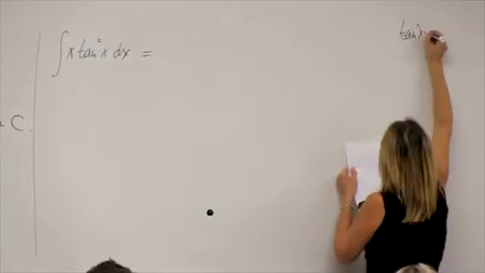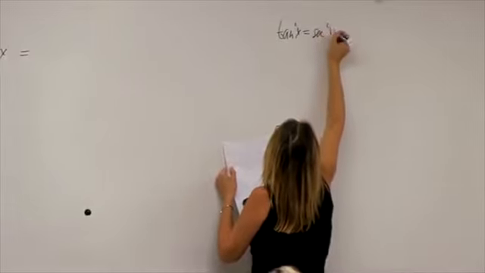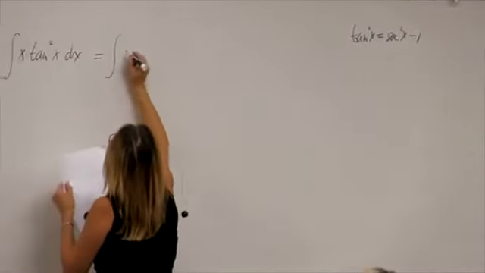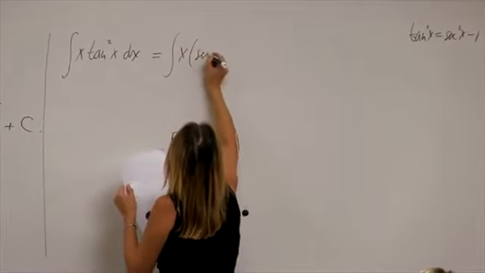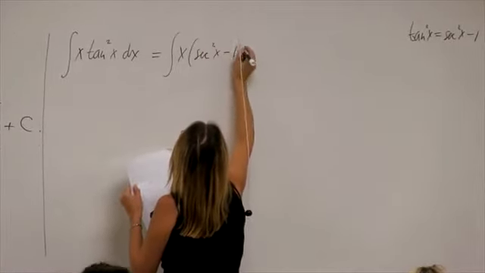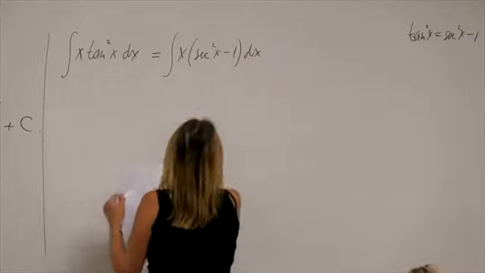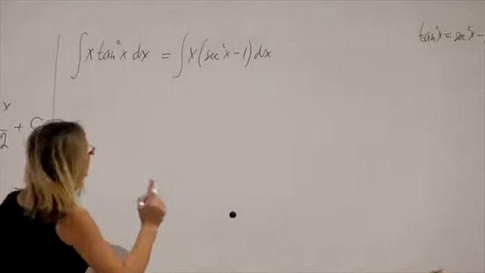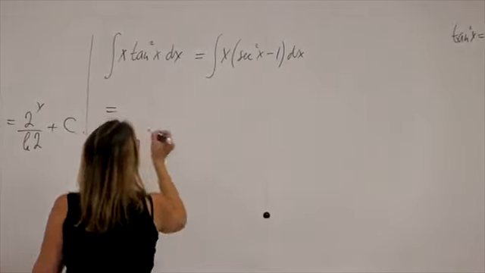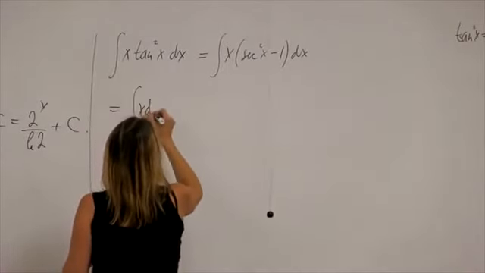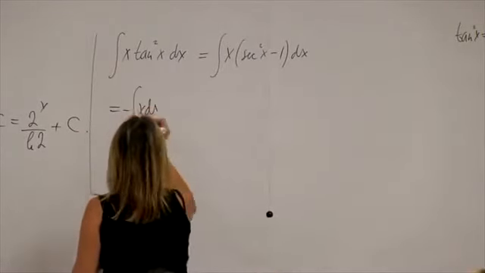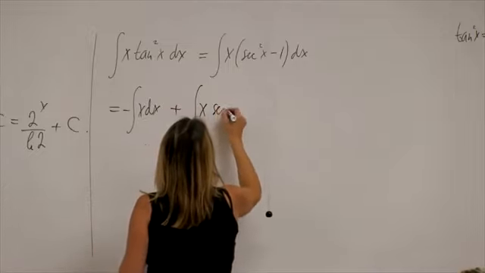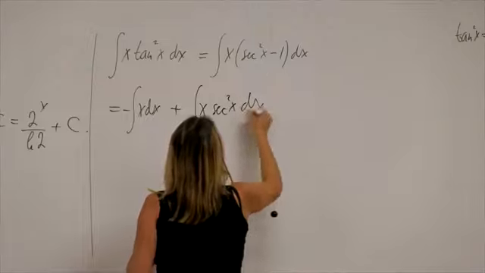Tangent squared x is secant squared x minus 1. So here I'm going to have x times secant squared x minus 1 dx. How does this help? Okay, this helps very much actually. So the next step I have x dx, minus x dx plus x secant squared x dx.